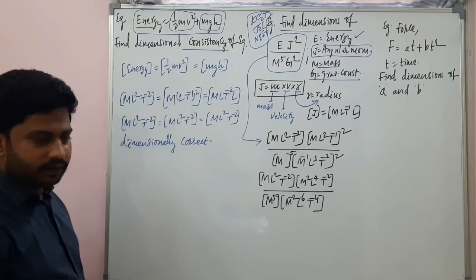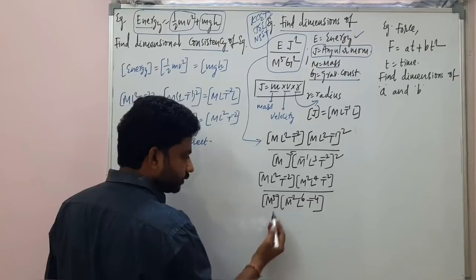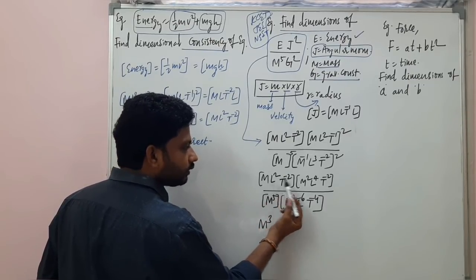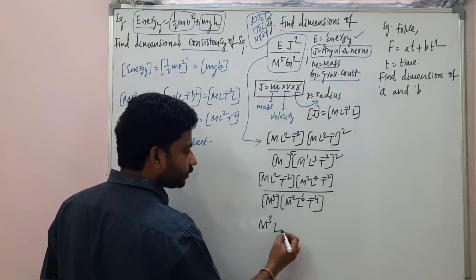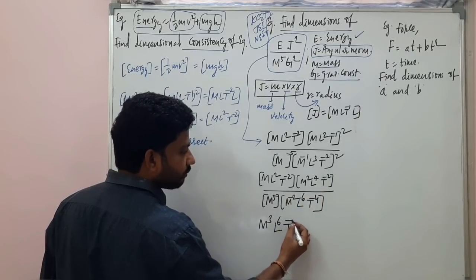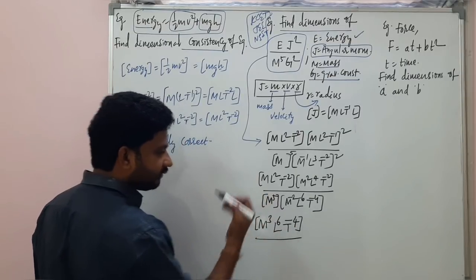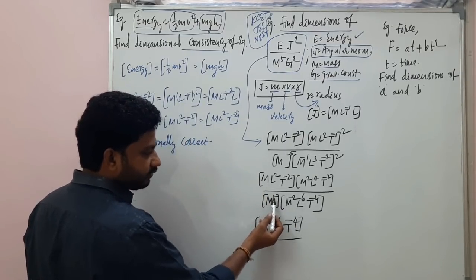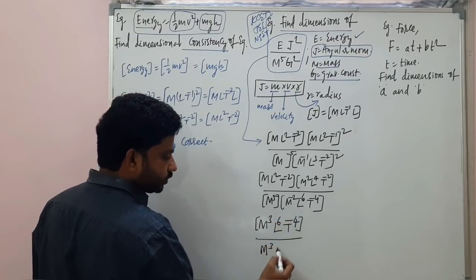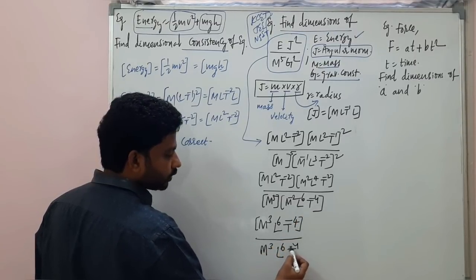Let's write it one by one. Numerator: M square into M, that will be M cubed, that means M3. L square into L to the power 4 will be L to the power 6. T minus 2 and T minus 2 will be T minus 4. That is the numerator, and the denominator will be M raised to 5 minus 2, so M3, L raised to 6, T raised to minus 4.